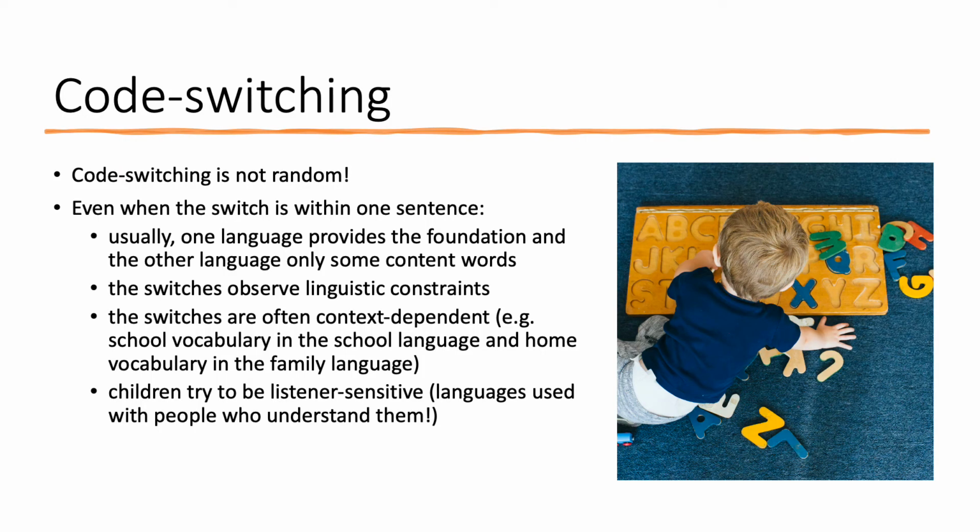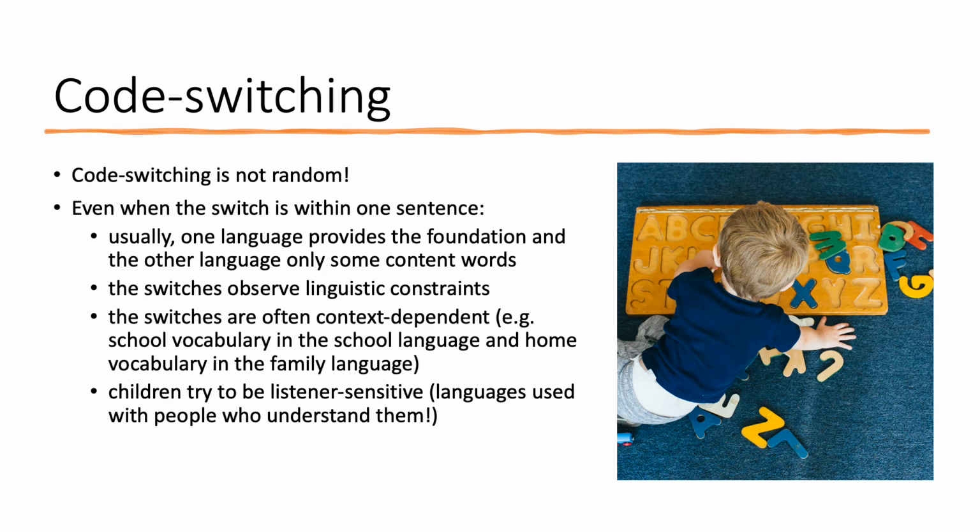In fact, when we examine examples of code switching in bilingual children, we find that the switching is not at all random. It's not just random mixing of different language bits. Even in intrasentential switches, that is, within one sentence, the switches observe linguistic constraints.